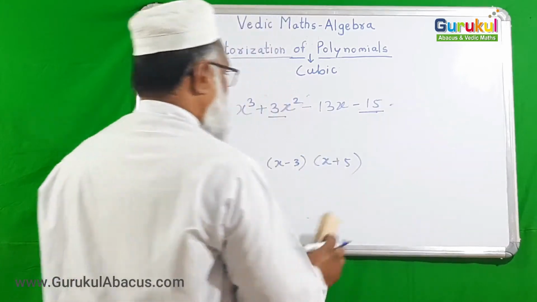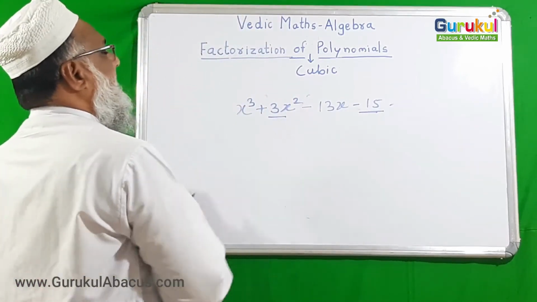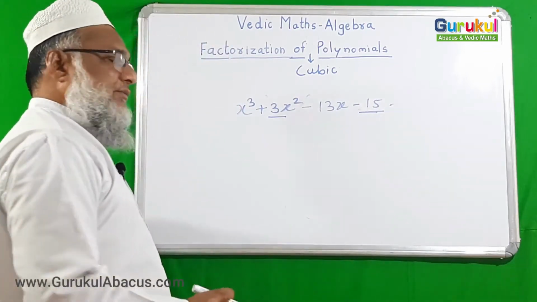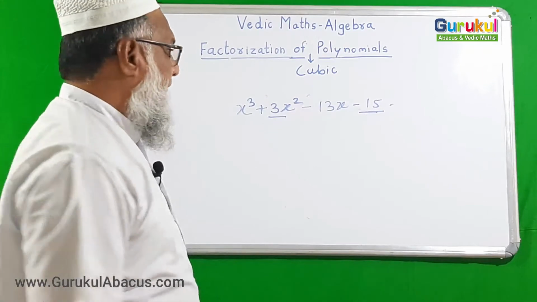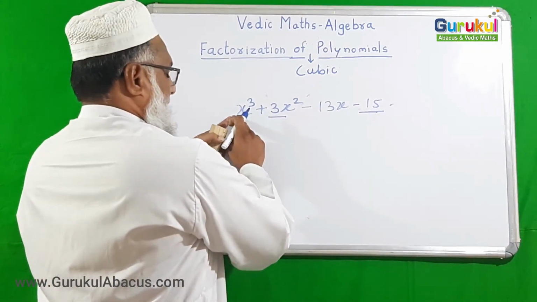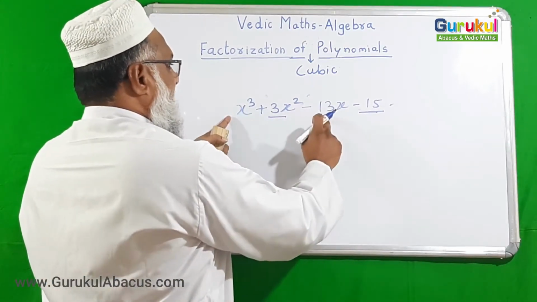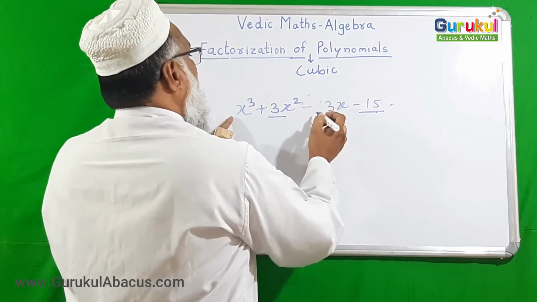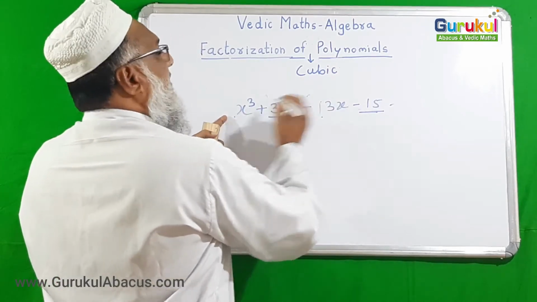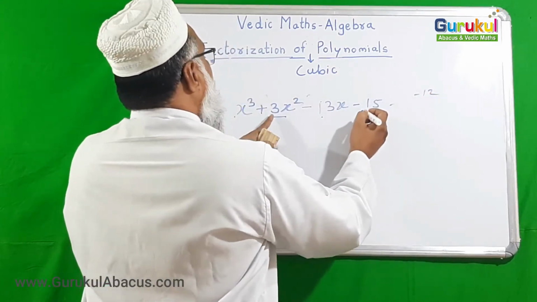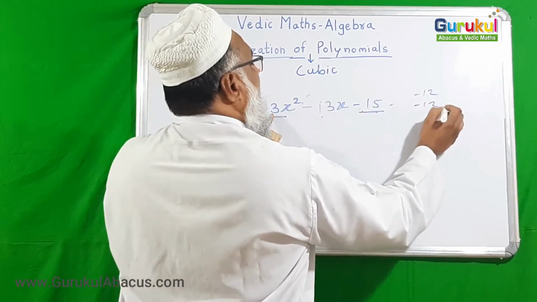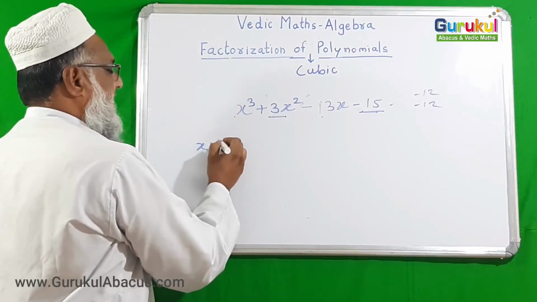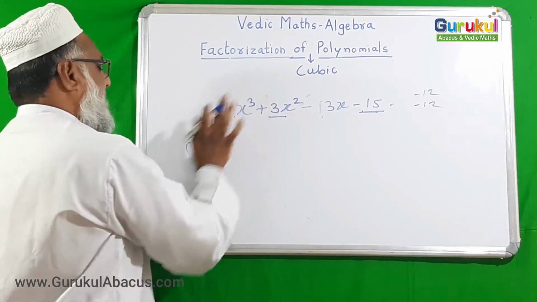Suppose this is the polynomial given to us to find the factors, and by observation we find that the addition of the coefficients is 1 minus 13 minus 15 plus 3, which is minus 12 minus 12, the same. Then, as we said, our first factor is x plus 1. I told you this some time ago.